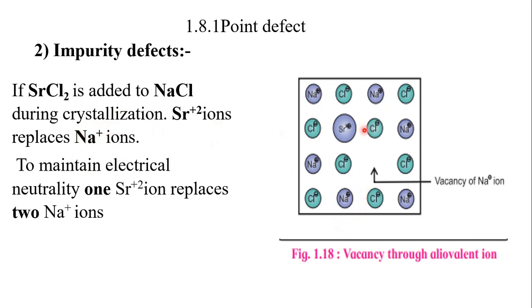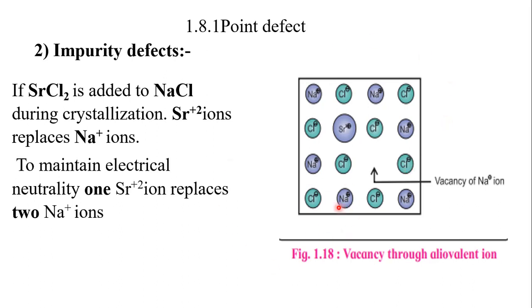So when one strontium ion is introduced in a crystal, it displaces two sodium ions. It removes two sodium ions, and therefore one vacancy is created, the regular lattice site of the sodium ion which remains vacant here. And thus the electrical neutrality is maintained. To maintain the electrical neutrality, one strontium ion replaces two sodium ions in the sodium chloride crystal.